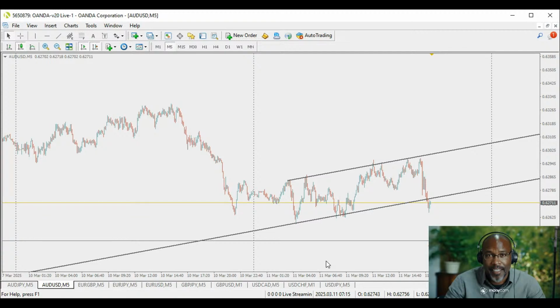It looks like it might be trying to reverse direction here. Same with the Aussie dollar, Japanese yen.